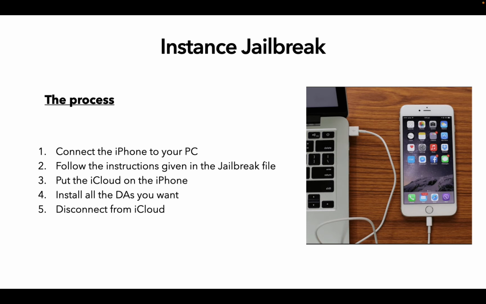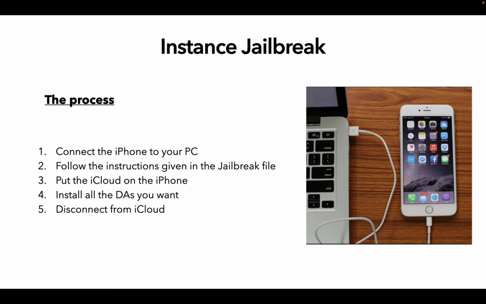So how does it work? You'll need to connect the iPhone to your Windows PC, then follow the instructions given in the jailbreak file. This is a file we provide with step-by-step instructions on how to install it correctly. Once the file is launched, you'll need to set up the iCloud on the iPhone. Oh yes, by the way, the jailbreak installation takes an average of 5 to 10 minutes.